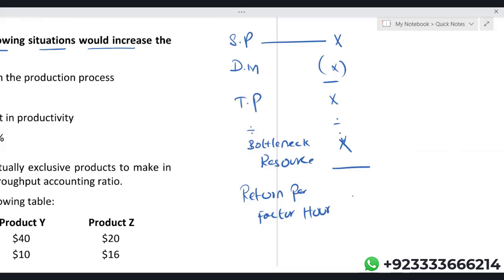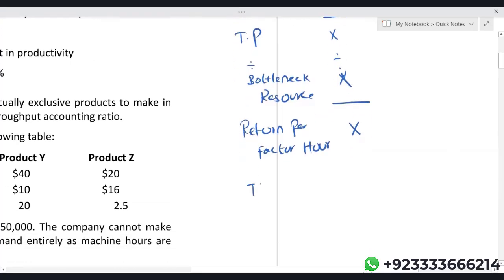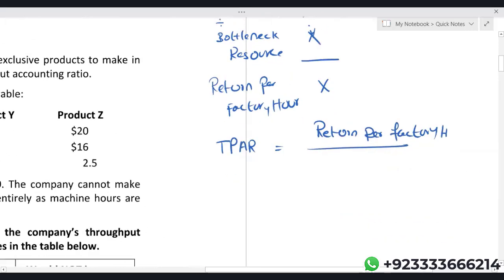Once you have calculated the return per factory hour, the throughput accounting ratio is equal to return per factory hour divided by cost per factory hour.